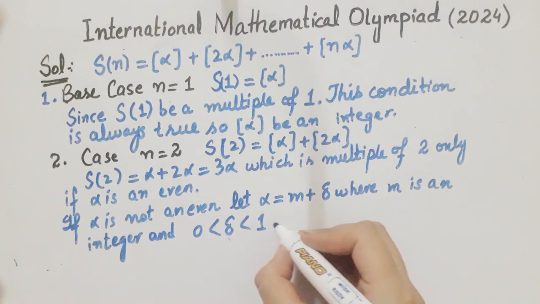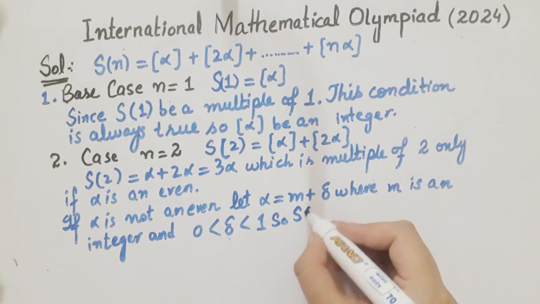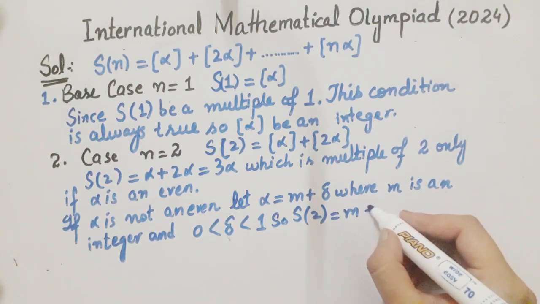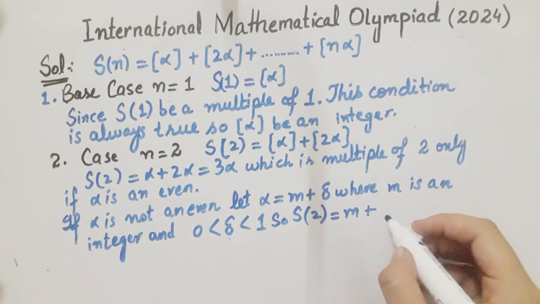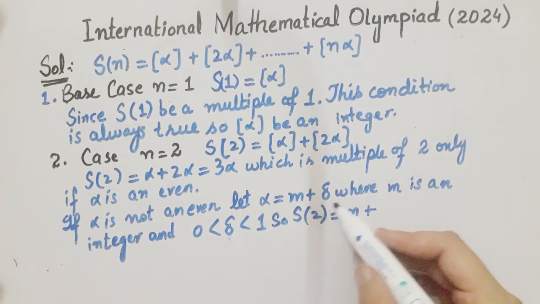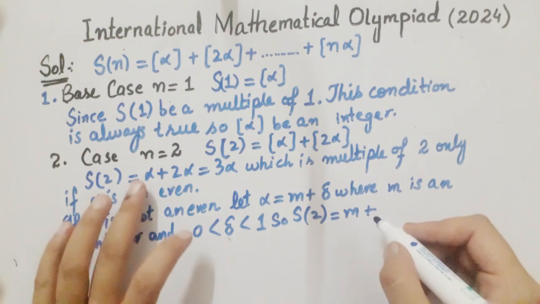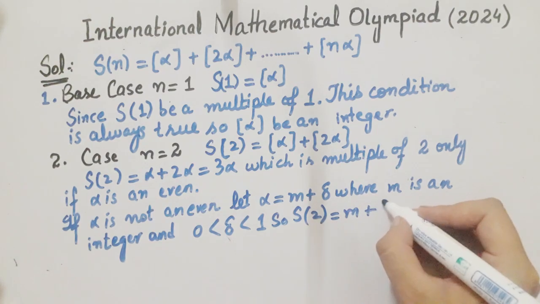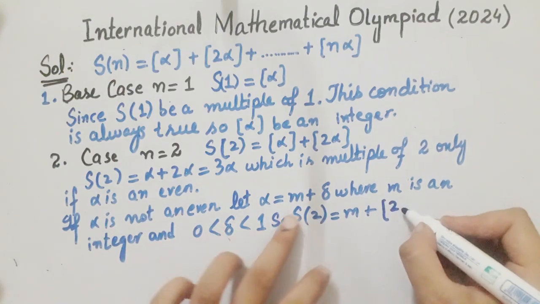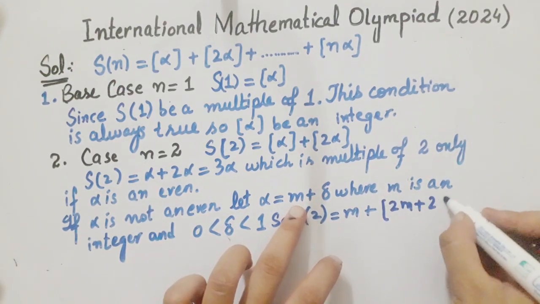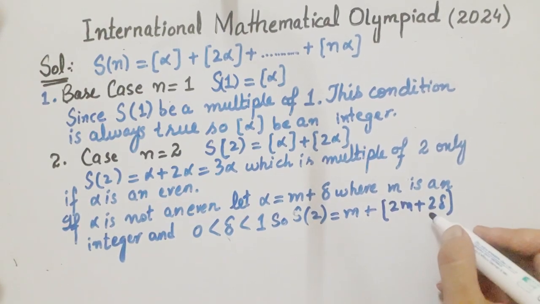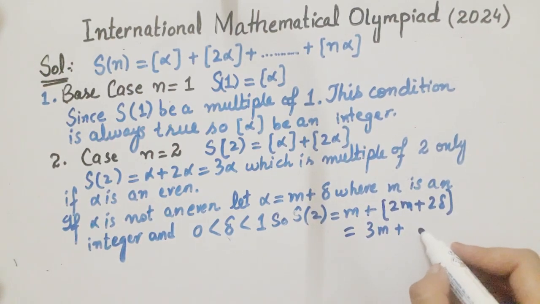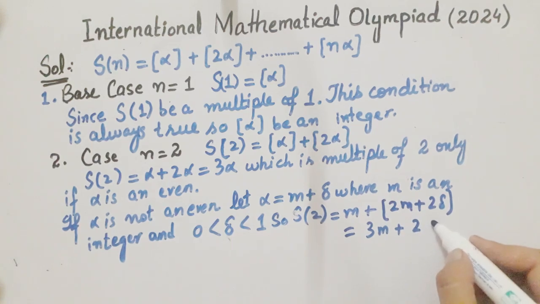So we will write S of 2 is equal to m for alpha, since we use just m, and then 2 alpha becomes 2m plus 2 epsilon. So m plus 2m is equal to 3m, plus 2 epsilon.